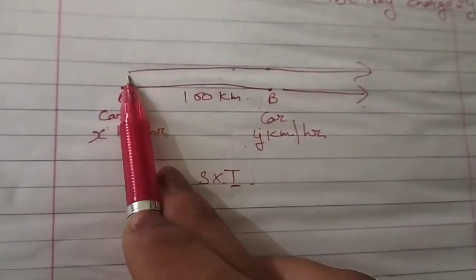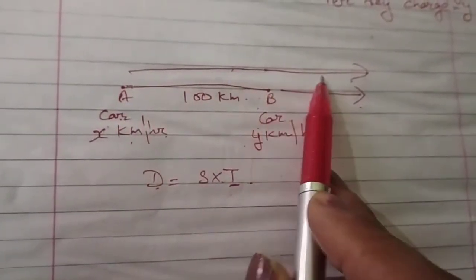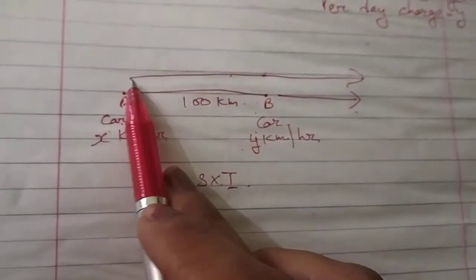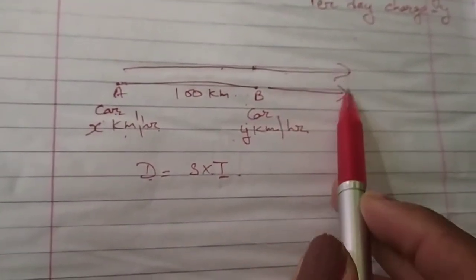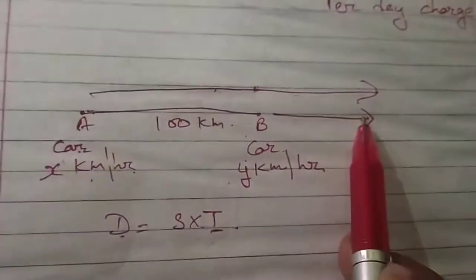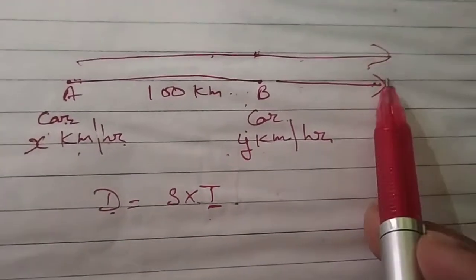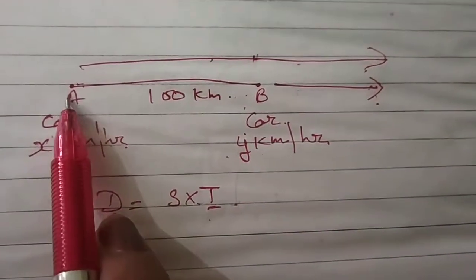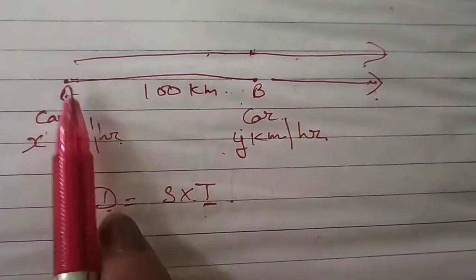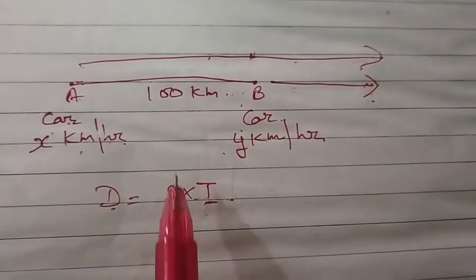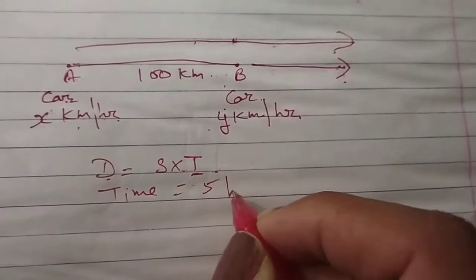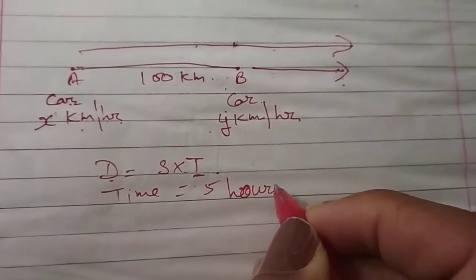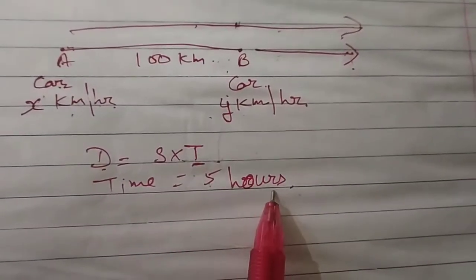hours. It means this A will travel this distance 100 km extra than the B, and then after some time they both meet each other. After 5 hours they both meet each other. So how much distance has A traveled? Whether the car A or the B, both have traveled for 5 hours.